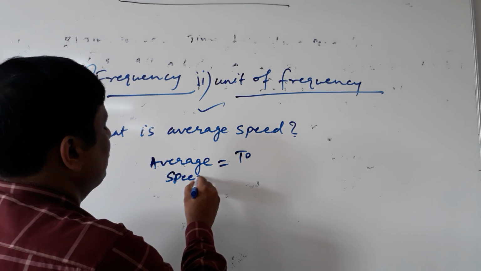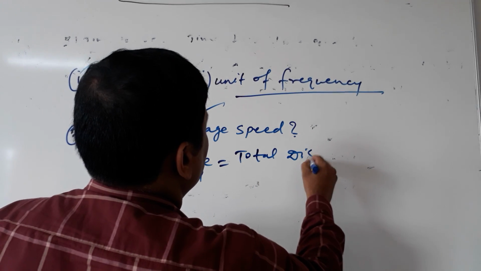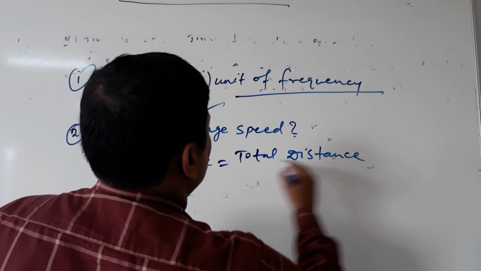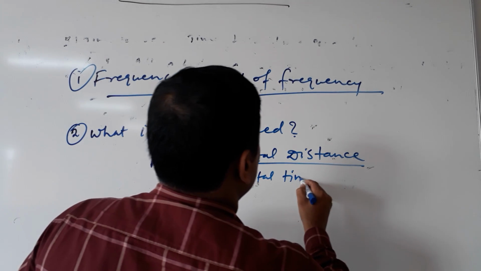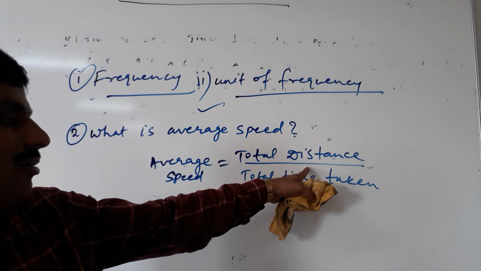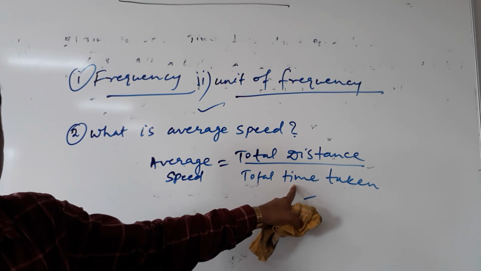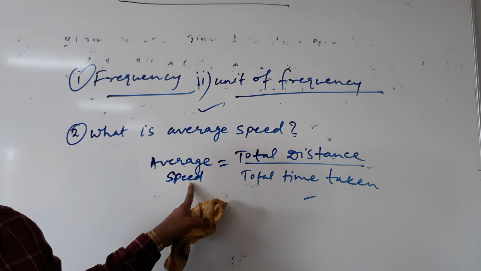Average speed is equal to total distance by total time taken. Whatever total distances are given, you just add all and divide by the total time taken. You will get average speed.